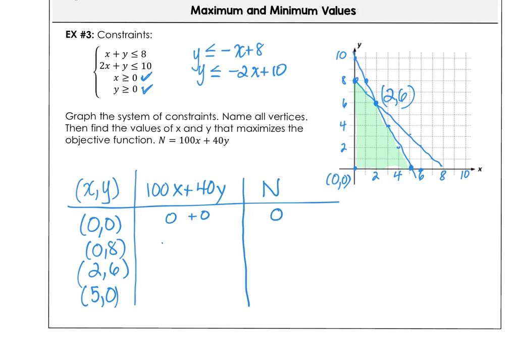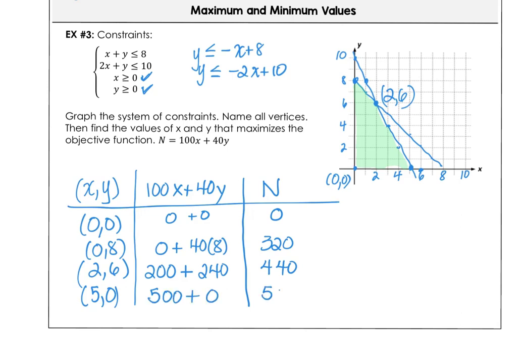We have 0 plus 40 times 8 would be 320. We have 100 times 2 plus 40 times 6, so 440, and we have 100 times 5 plus 40 times 0, so 500.